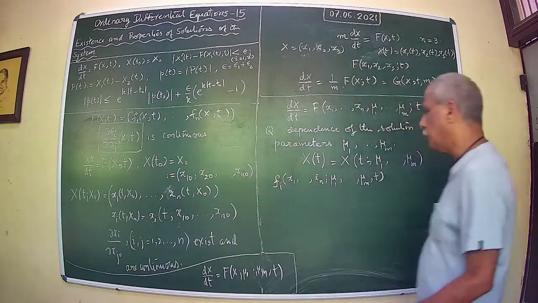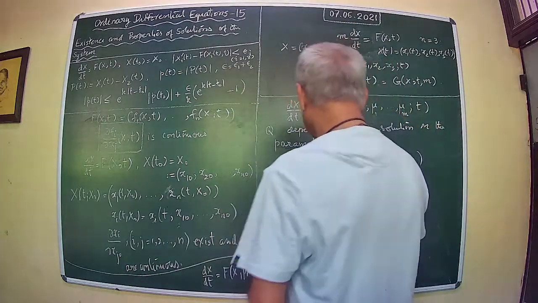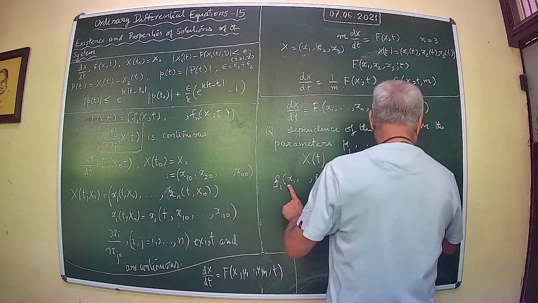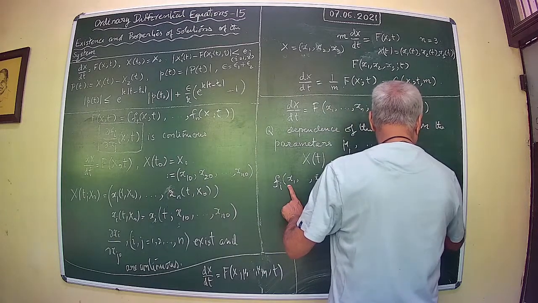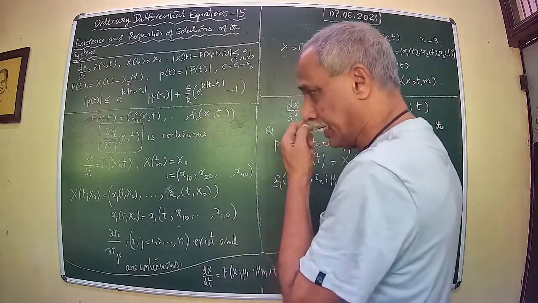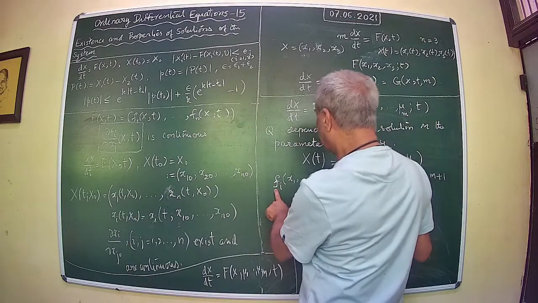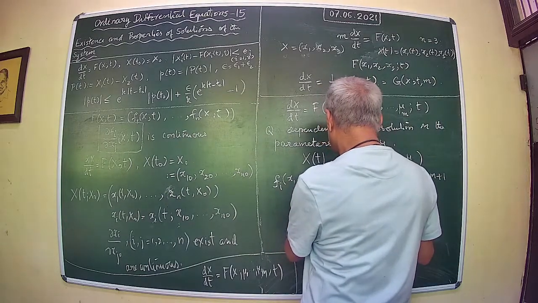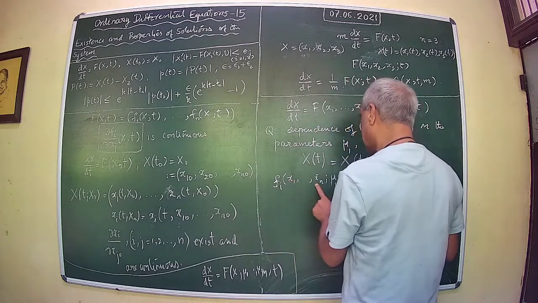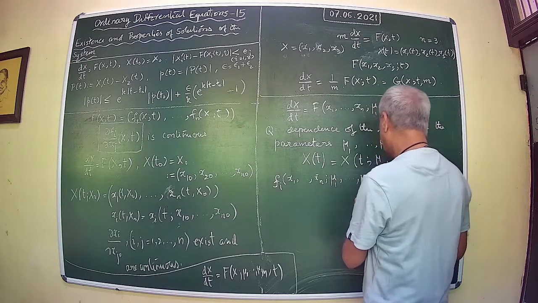So if you assume fi's are continuous, not only in x1, x2, etc., xn, it is actually an n plus m plus 1 dimensional space where fi's are defined. Let us assume fi's are continuous in x1, x2, etc., xn, mu1, mu2, etc., mu m and t.